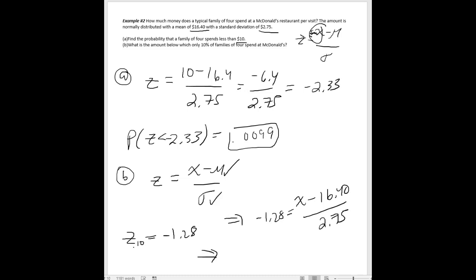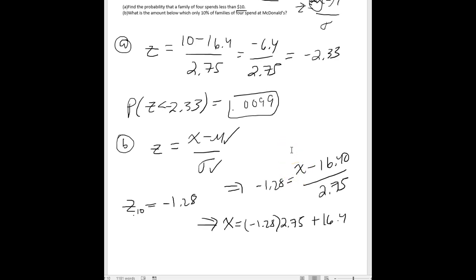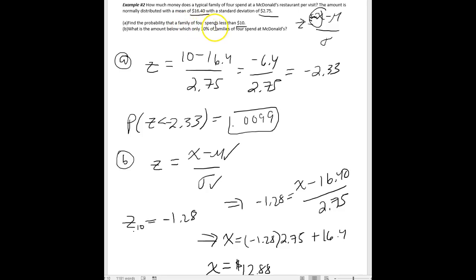So x is equal to negative 1.28 times 2.75 plus 16.4. Then we compute, and x is equal to $12.88. Now it is important to recap. What does this mean? What is the amount below which 10% of families of 4 spend at McDonald's?